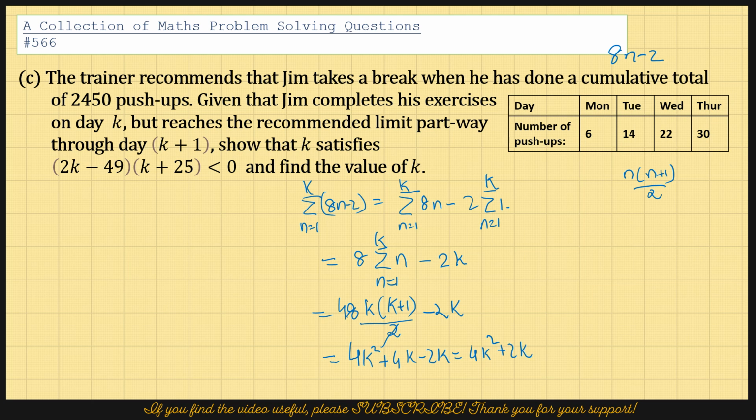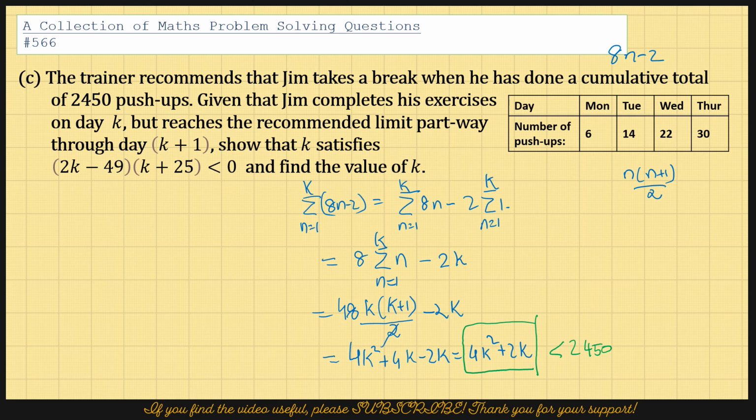Now this term is less than 2450, and that is how we're going to work it out.